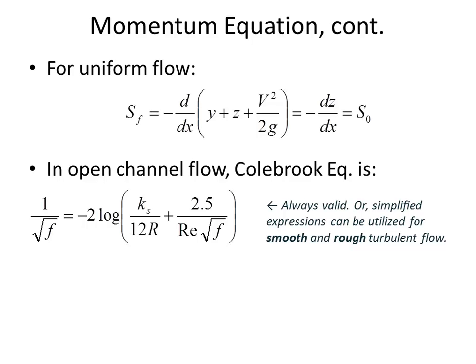If we do use the Darcy-Weisbach equation to find head losses, here's how we can implement the Colebrook equation to find F. So the Colebrook equation, like it was in pipe flow, is always valid. We don't have to worry about just a range of conditions where it will give us an accurate F value.